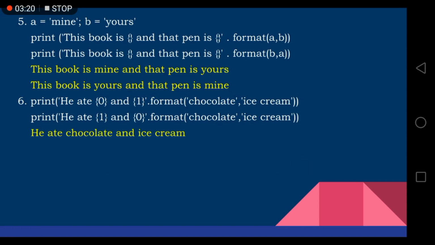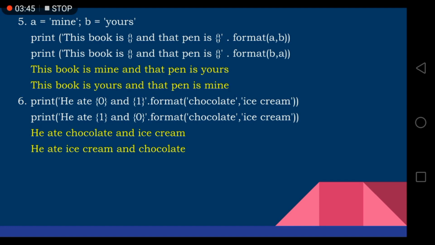The first statement is he ate chocolate and ice cream, because chocolate comes first and ice cream comes second, 0 comma 1. Now the same statement written as he ate 1 and 0. The first statement was 0 and 1. Now it is 1 and 0. That means the second one comes first and the first comes second. So he ate ice cream and chocolate.